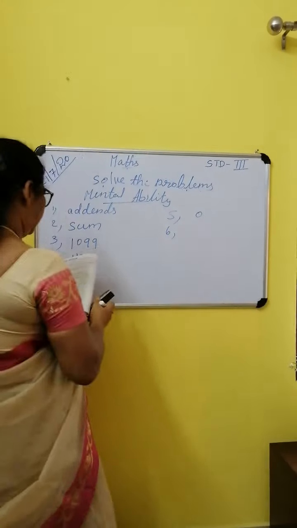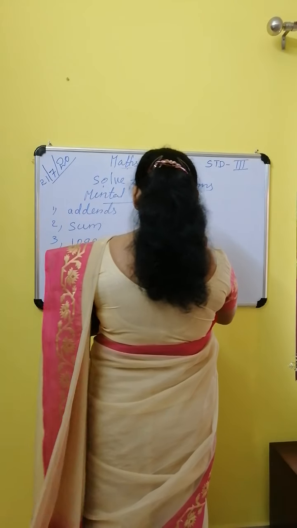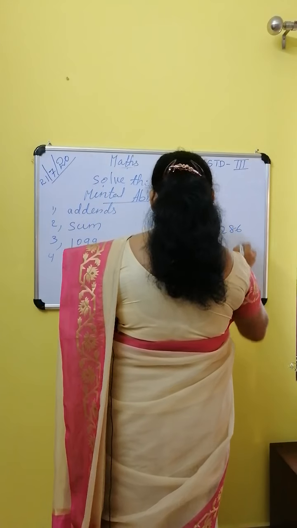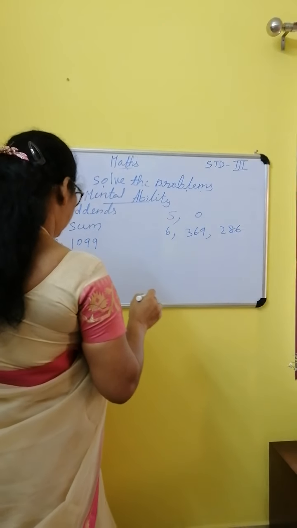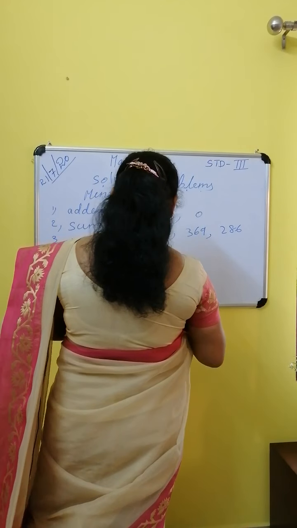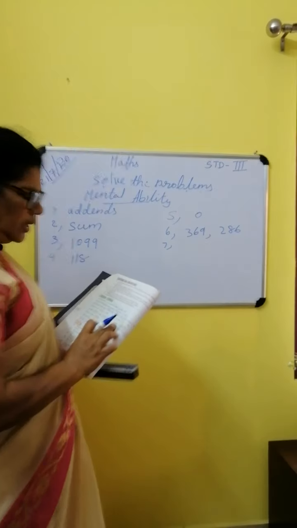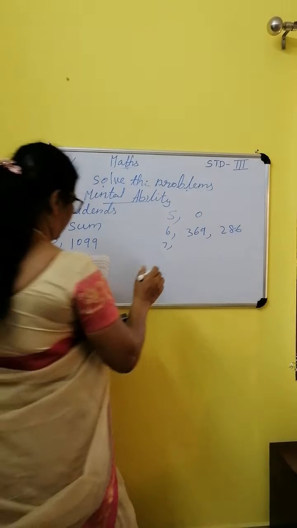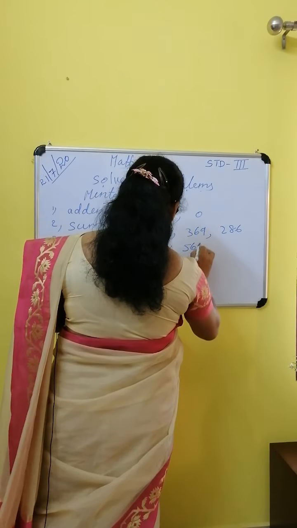Sixth one 369, 286. Seventh one, 560 is there. Then add 1. 60 plus 1, 61. 561.